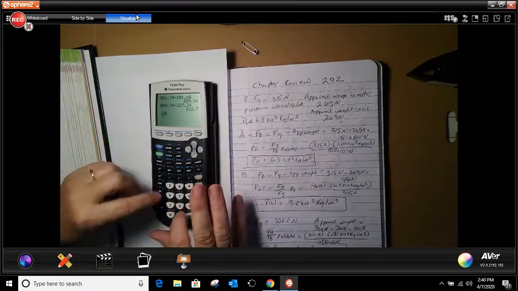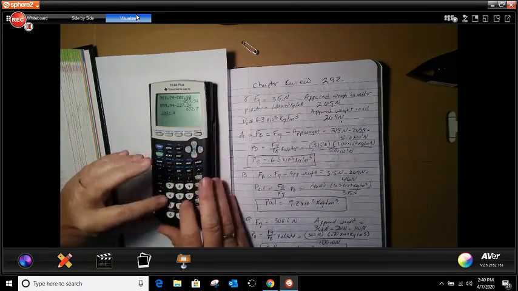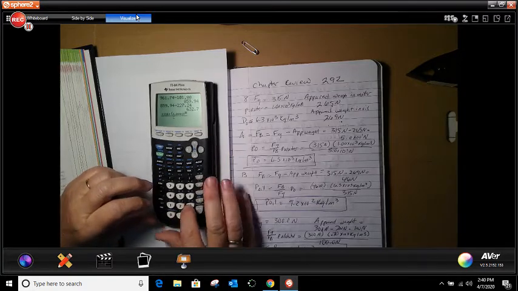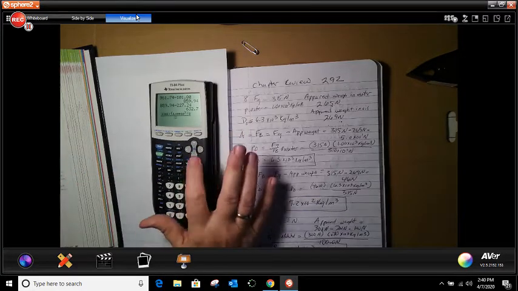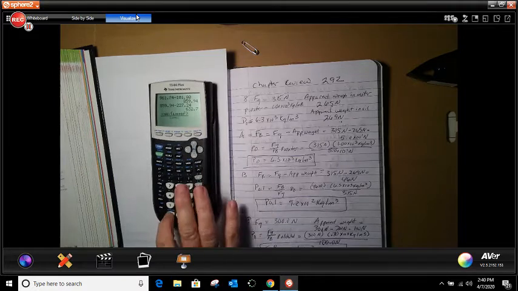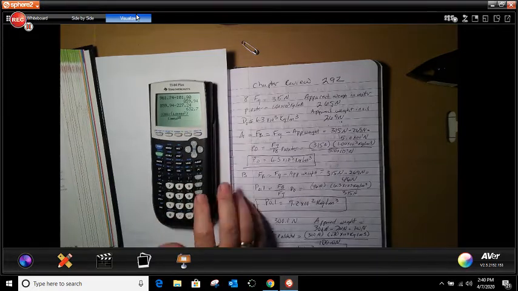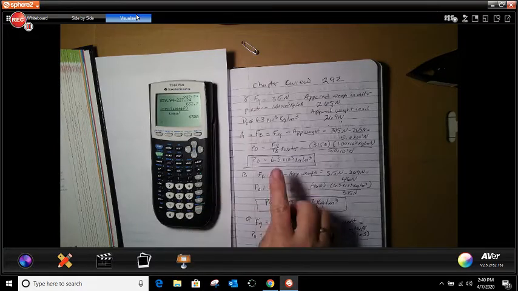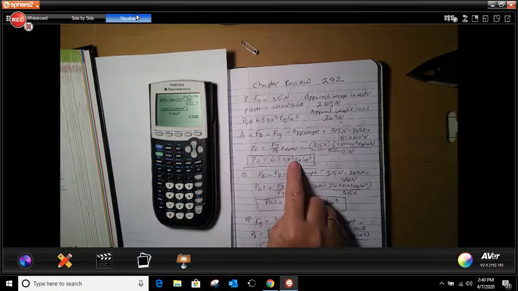Open bracket 315, close bracket, open bracket 1.00 times 10 caret 3, close our bracket, go down, and that is 5.0 times 10 caret 1 over enter. And we get 6,300. So that's a good enough answer.